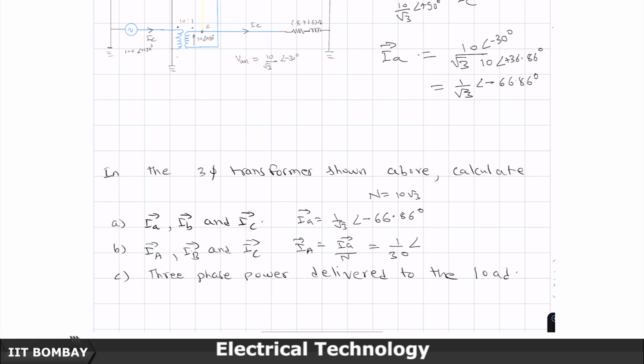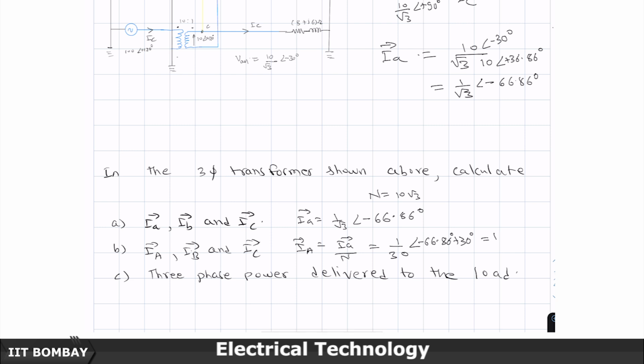When you go from LV to HV side, just like the voltages got rotated in the anti-clockwise direction by 30 degrees, similarly the currents also have to rotate in the anti-clockwise direction by 30 degrees so that the power factor remains the same.